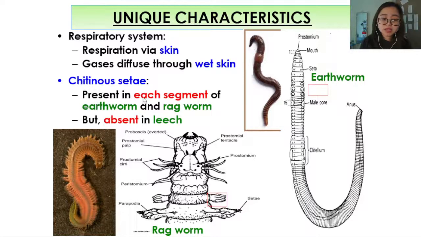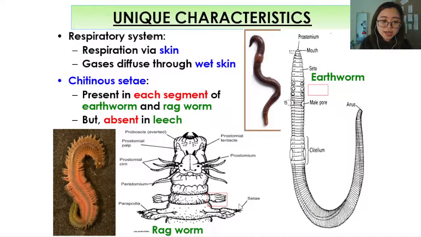Apa benda ni chitinous setae? If we're looking, or setae, I'm not sure what the proper pronunciation is, as long as you know which word I'm trying to read. If you are looking at this worm over here, this is called a ragworm. Okay, nampak yang macam bulu yang keras sikit yang keluar dari tepi tu. Okay, ini adalah diagram hitam putih menunjukkan benda yang sama. The setae are here, yang macam bulu ini.